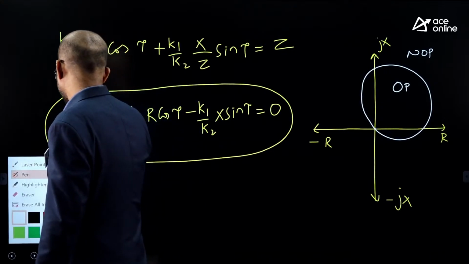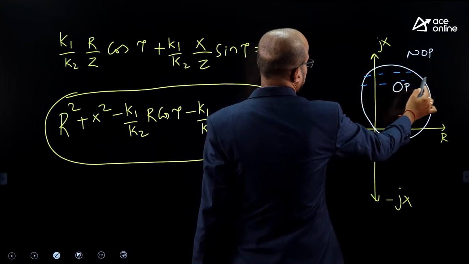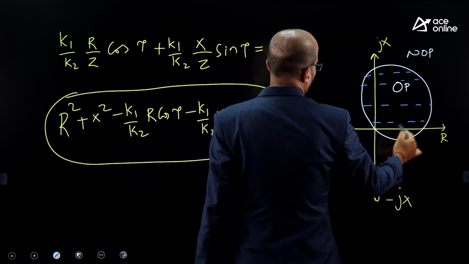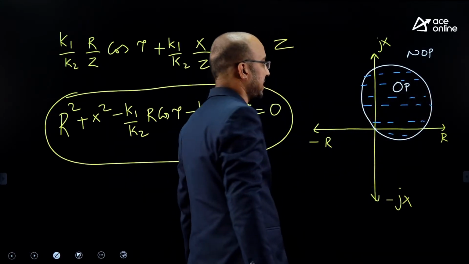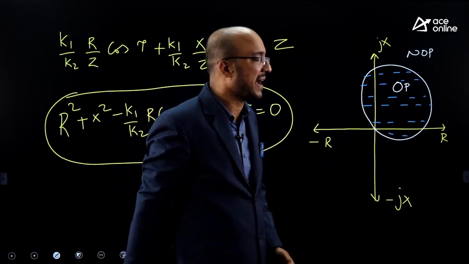So what is the characteristic of the Mho relay in the R-X plane? It is nothing but a circle passing through origin. Operating region is inside the circle. This Mho relay is inherently a directional relay.